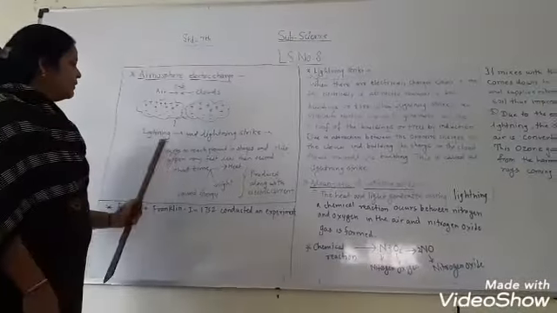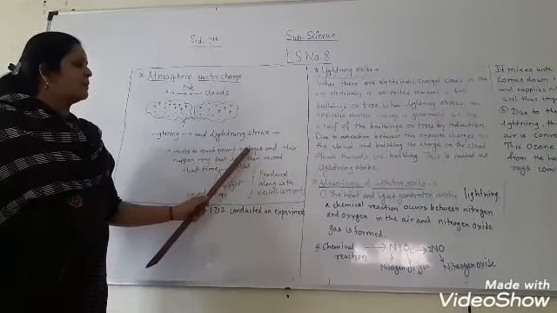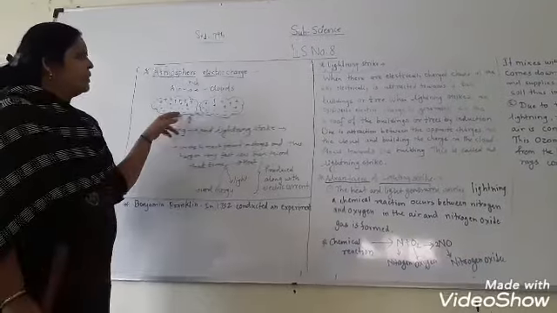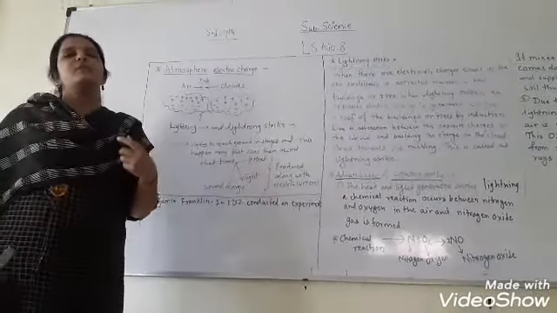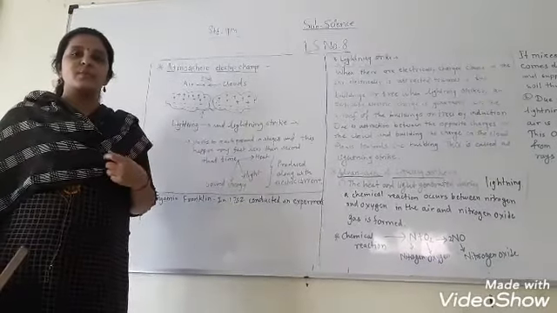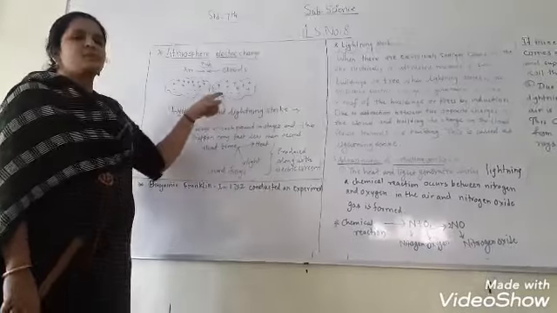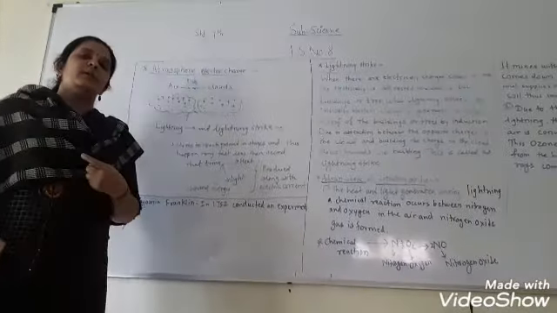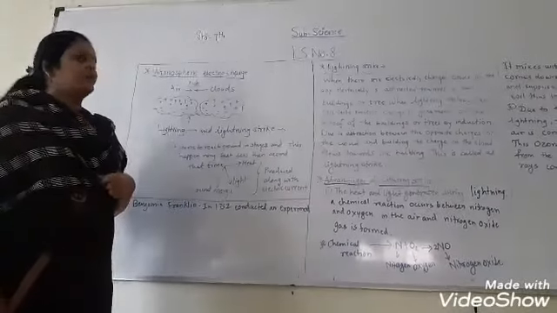And when it starts to reach the ground, what will happen during these stages? When these positive and negative charges are present on the clouds, which type of clouds are these? Electrically charged clouds. During the rainy season, we get to see such clouds.